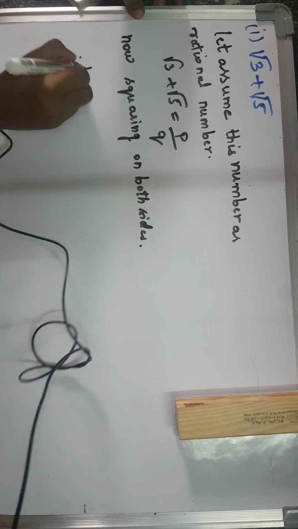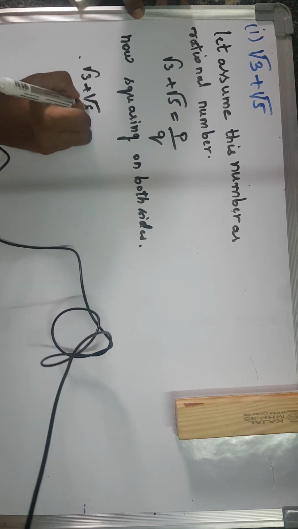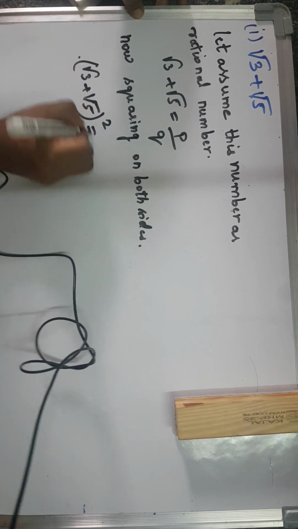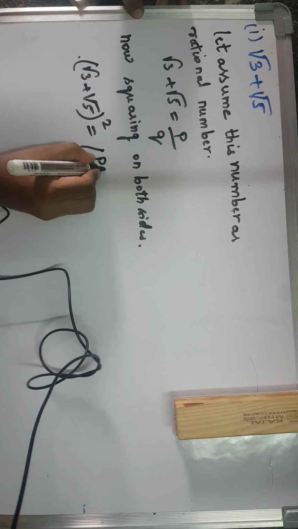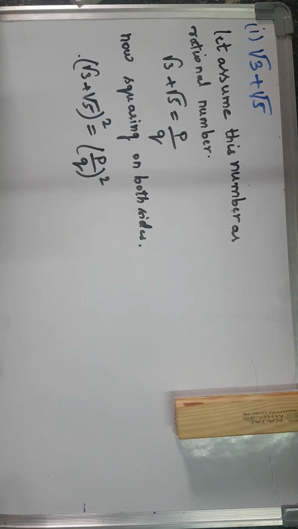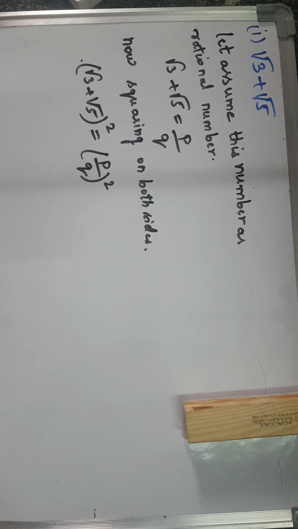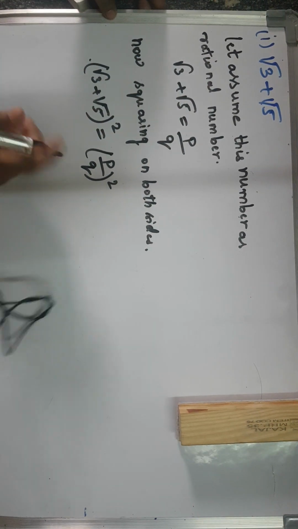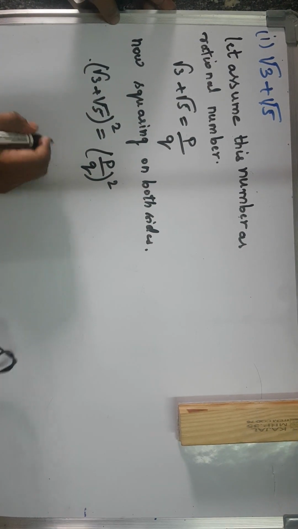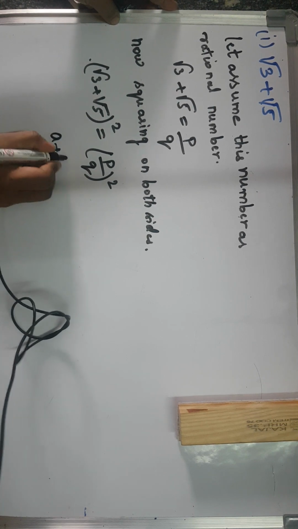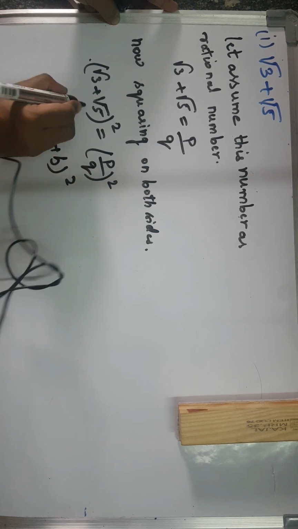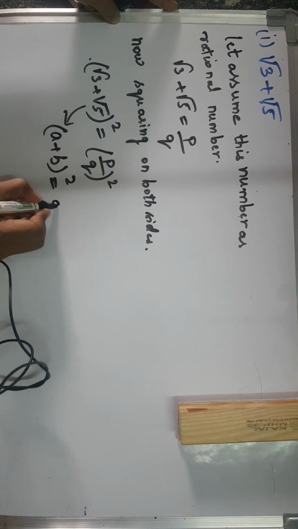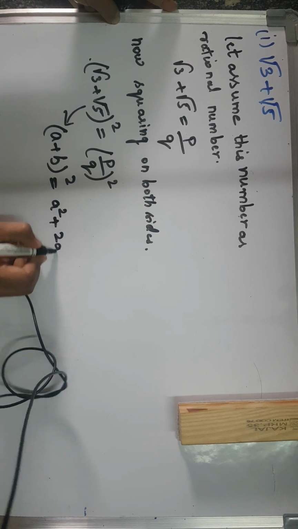Root 3 plus root 5 whole square equals p by q whole square. Why am I squaring? Because here both the values are irrational, so I am squaring both sides. Okay, a plus b whole square. This is the formula: a square plus 2ab plus b square.